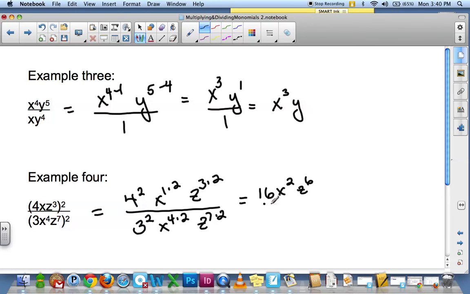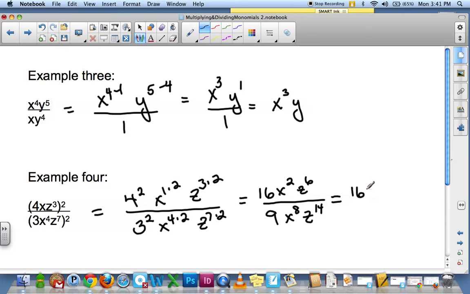So now I'm going to have 9x to the 8th, z to the 14th. From here, we can keep simplifying. We have x's on the top and the bottom. What we need to do is make sure that our exponents are positive, and we're going to go through that a little bit more. But because there are more x's on the bottom, when I subtract, I'm going to keep the x's in the denominator.